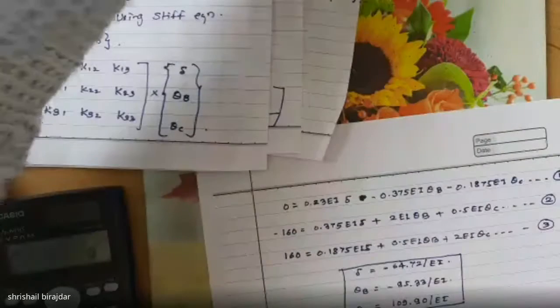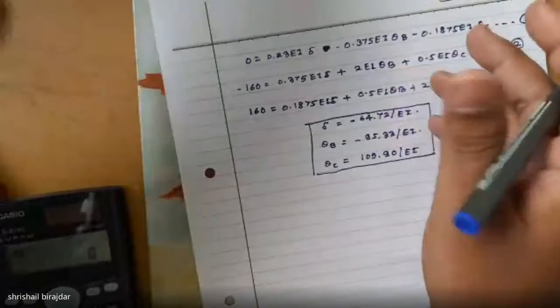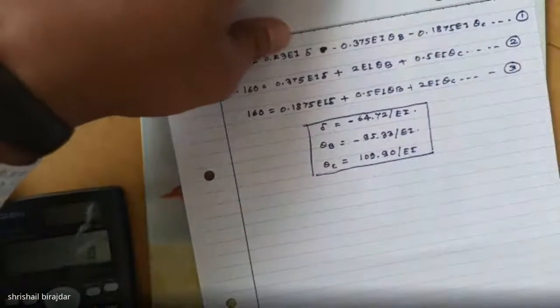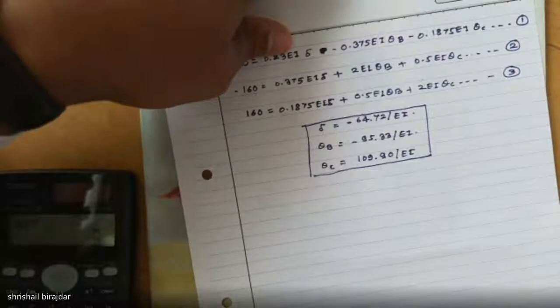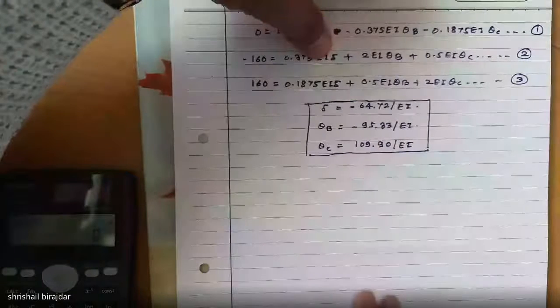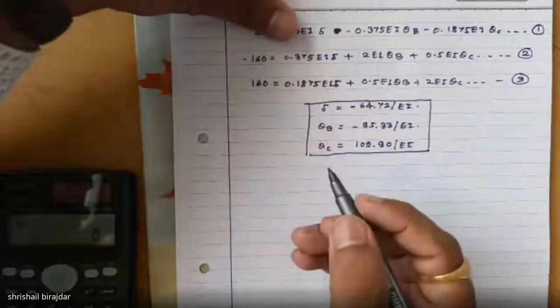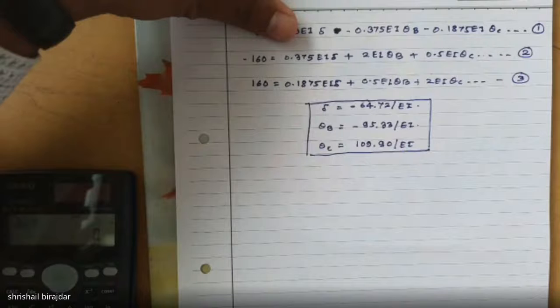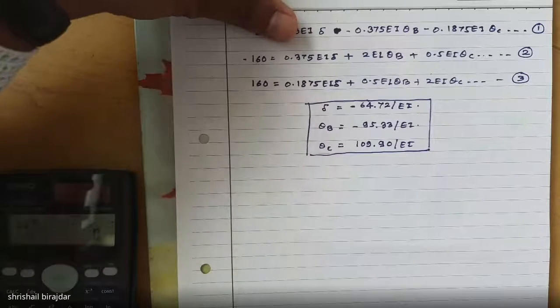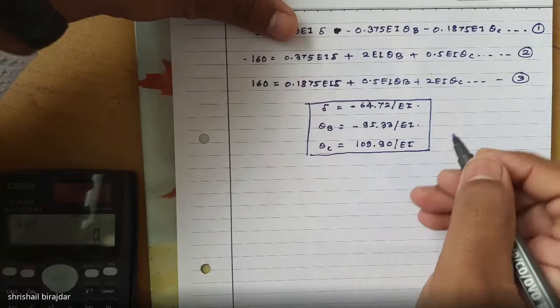Yes, sir. Answers are not at all important, but you just understand the concept well. Then you will be able to solve any problem. The calculation mistake should not happen in the problem. So try to find out your own answers using your own method of calculation.